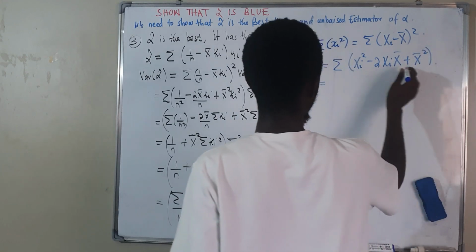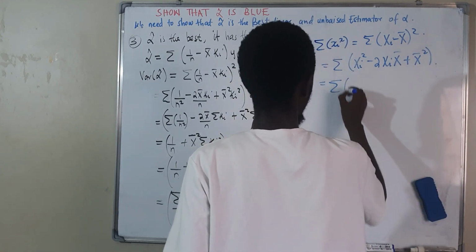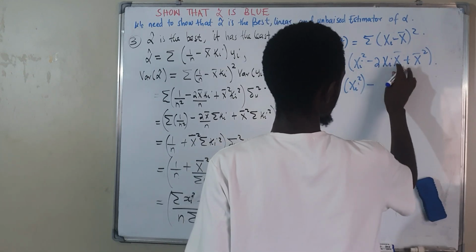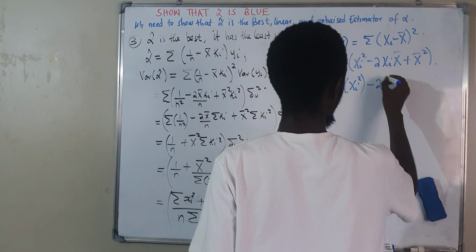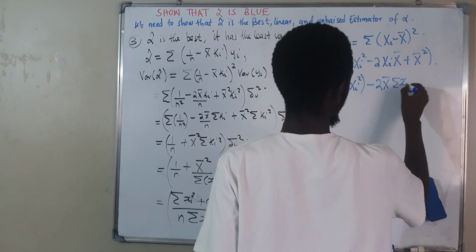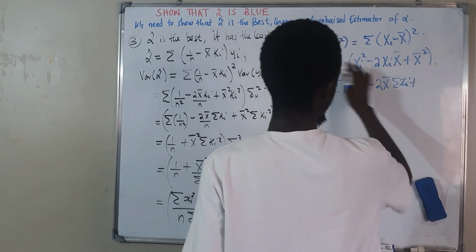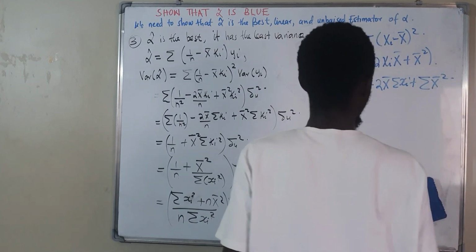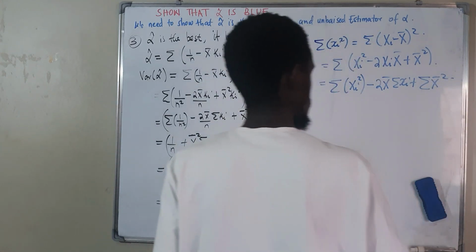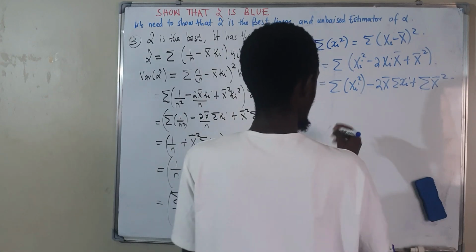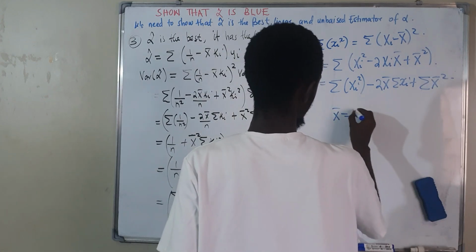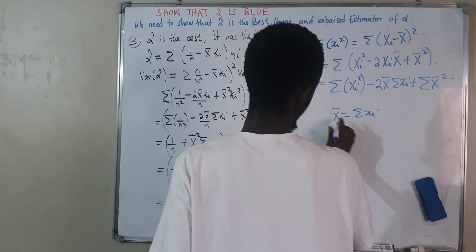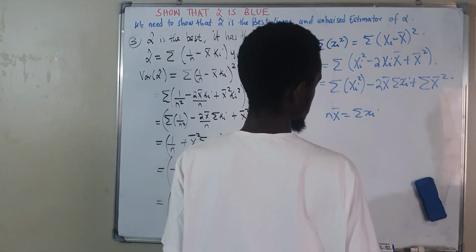Then if I put the summation for everything, I have summation of capital Xi squared, minus 2 x bar summation of Xi, since x bar is a constant, and then plus summation of x bar squared. But for a constant, we just multiply times n, and remember our mean x bar is the same as summation of Xi over n. Now to get this one, I just multiply times n to get summation of Xi.